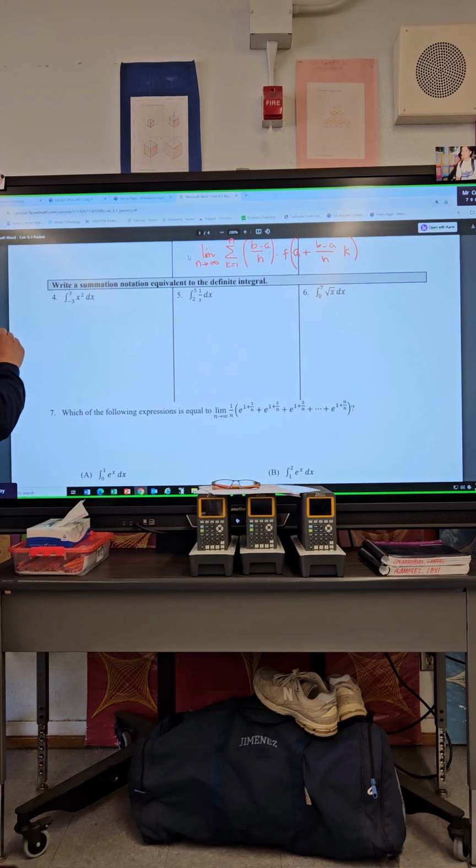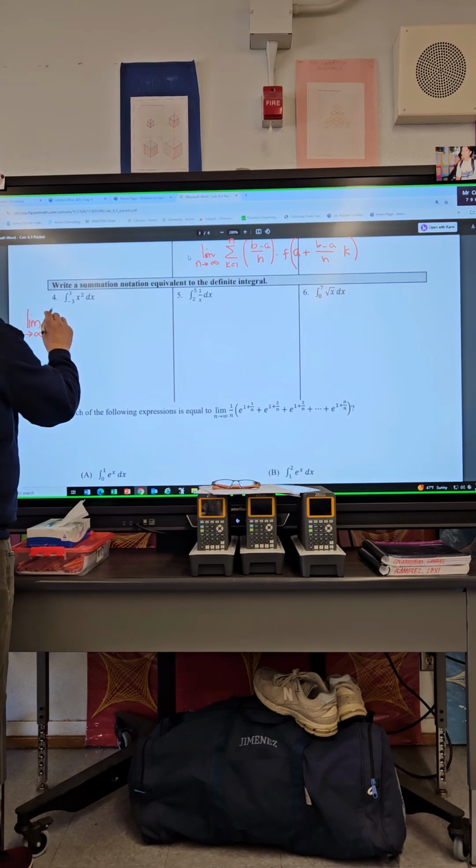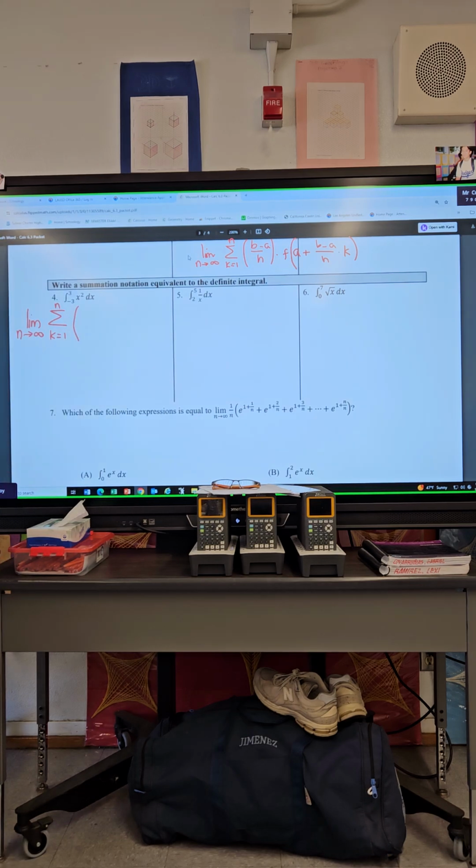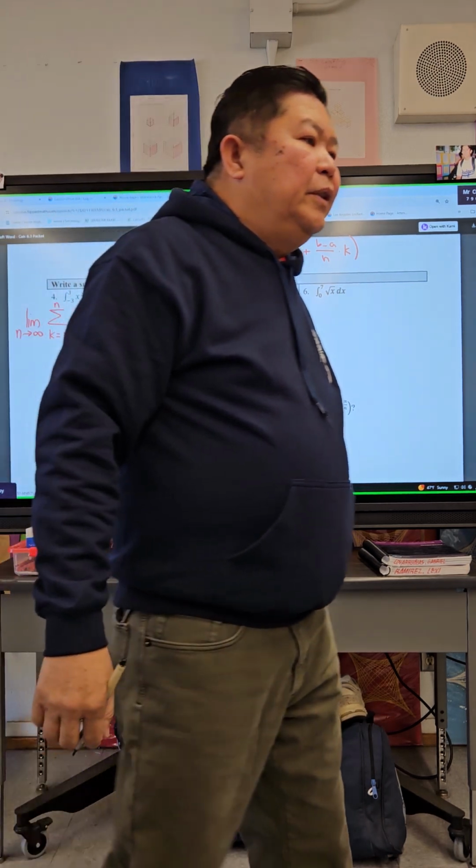So we're gonna start writing the limit as n approaching infinity, and then we have the summation from k equals 1 to n. And then what we do now, the upper limit. What is the upper limit in here? 3. Yes.